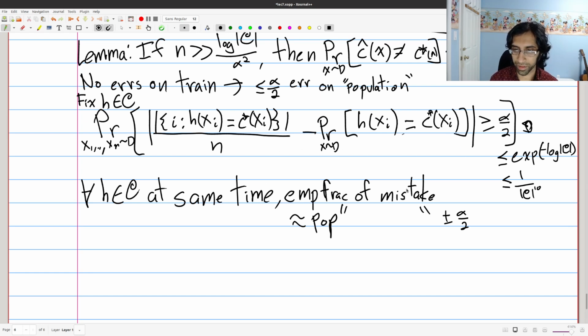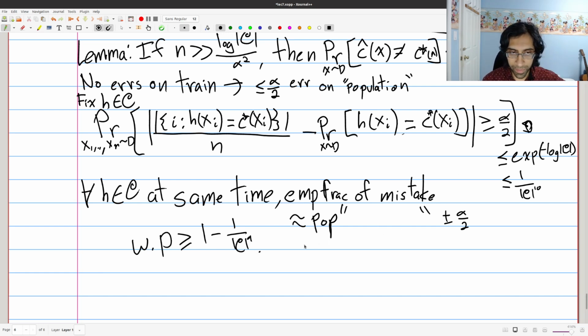That's all this is saying, that the empirical fraction and the population fraction are the same up to an additive term. And this happens for all h simultaneously with probability greater than or equal to 1 minus, say, 1 over c to the 9. That's a union bound type argument.